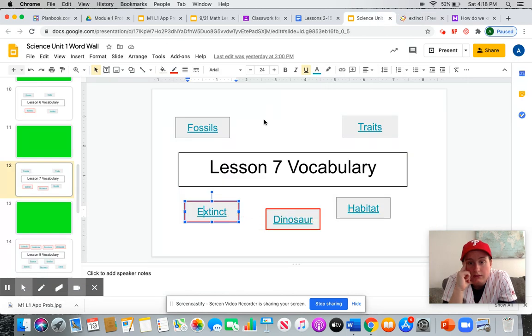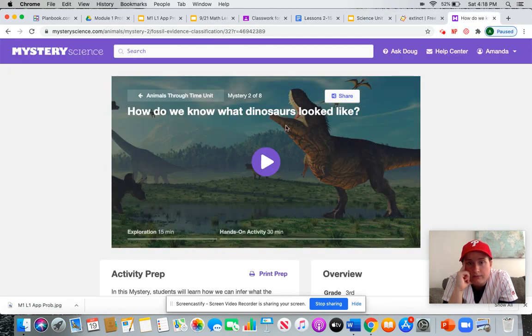Now, we've been learning about dinosaurs, okay? We're going to hold off on defining dinosaurs for now. Let's go and actually work with Doug a little bit. So if you remember on Friday, we tried to start to think about how do we know what dinosaurs looked like?